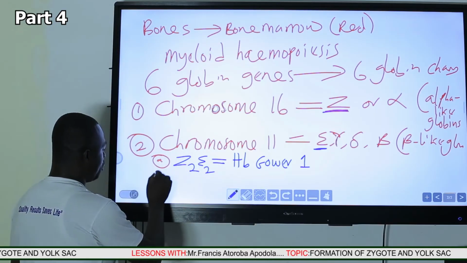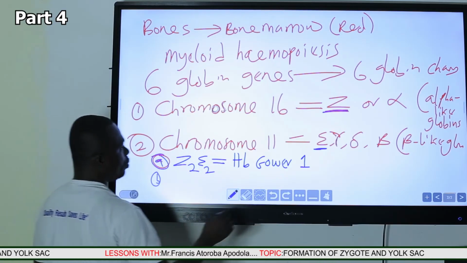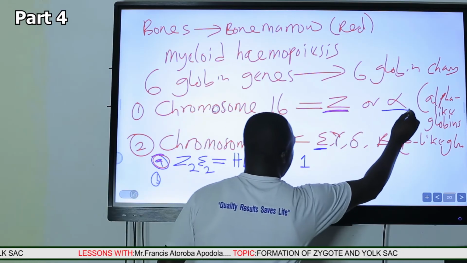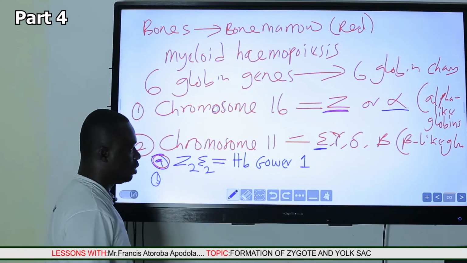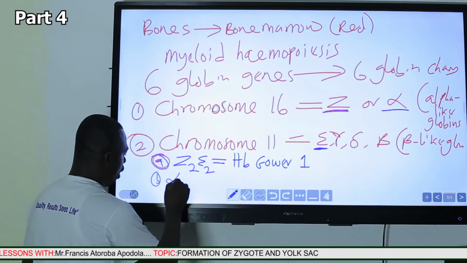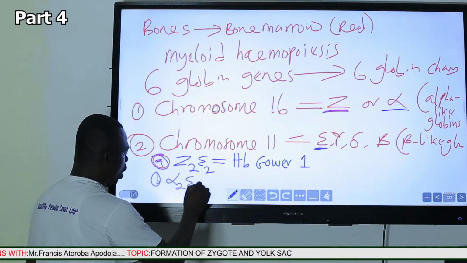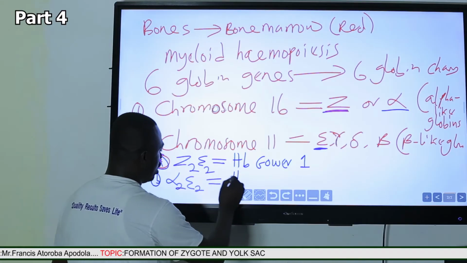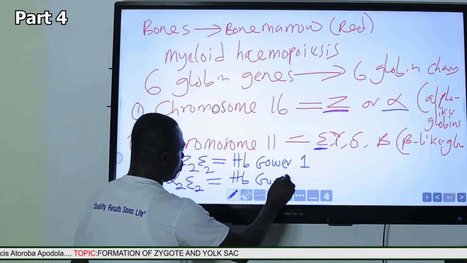We can have 2 alpha chains combining with 2 epsilon chains, and this gives us hemoglobin Gower 2.